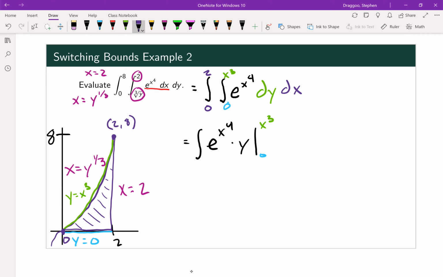Put in our x bounds, dx, 0 and 2. So this thing is just going to be e to the x to the 4th times x cubed, dx from 0 to 2.